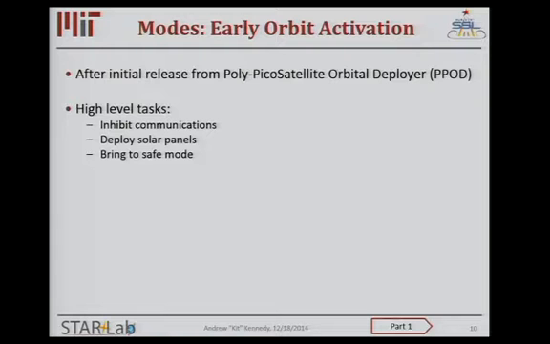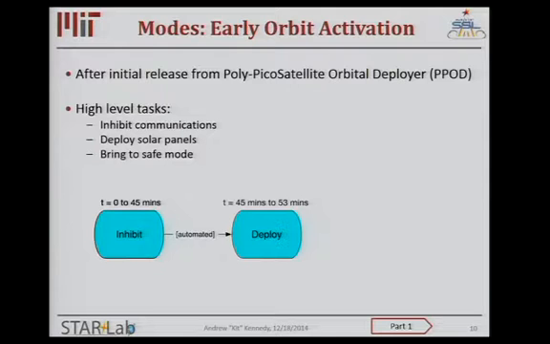And this is our early orbit activation sequence. We're going to be deployed from a P-POD orbital deployer. During this initial phase, we have to inhibit communications, and we can't do anything with the spacecraft. Then we deploy solar panels and can start communicating.